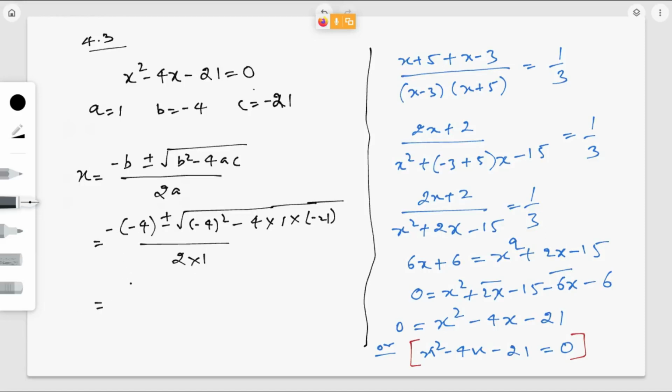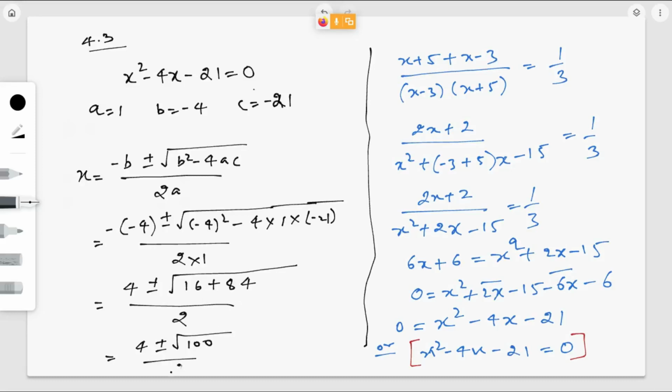Minus into minus is plus 4 plus or minus root of 16 plus 84, divided by 2. So 4 plus or minus root of 100 divided by 2, which is equal to 4 plus or minus root of 100 is 10, divided by 2.